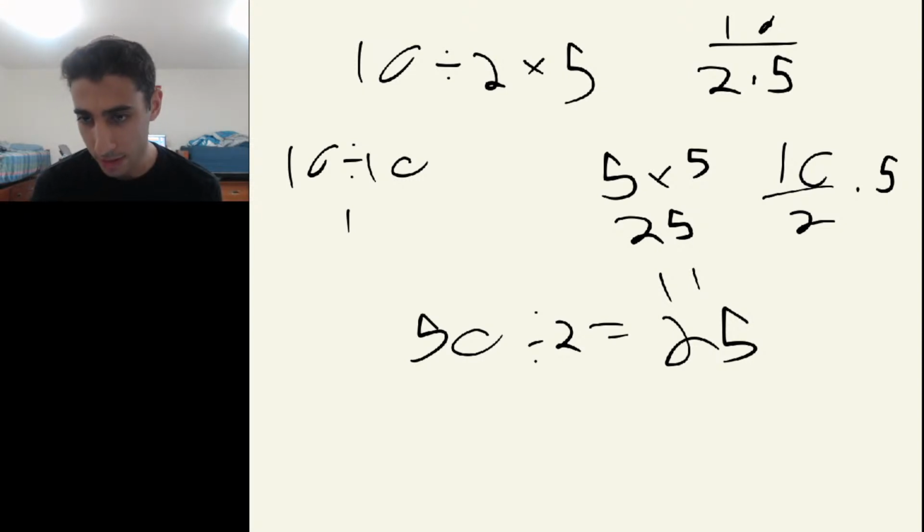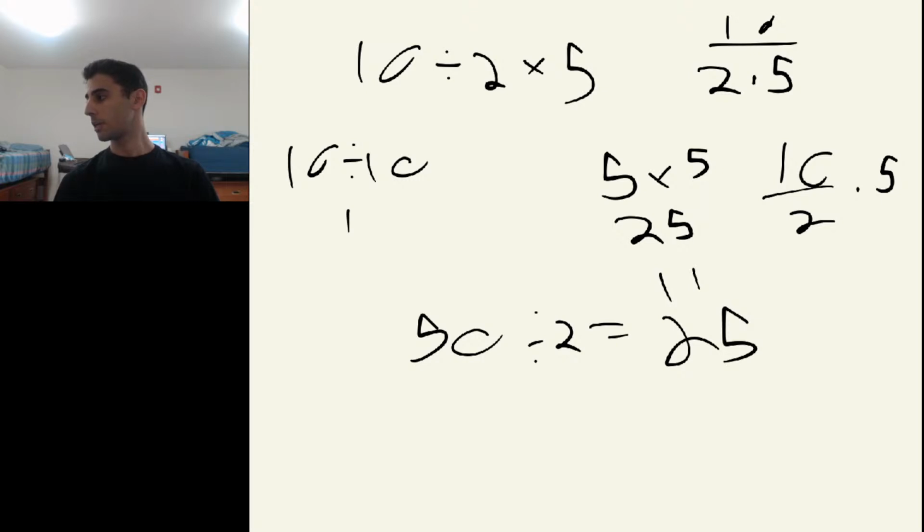Use a calculator on your phone. I don't think I have a calculator on my iPad, but the phone would probably say. What would the phone say? What's the equation? 10 divided by 2 times 5. It depends what you put it in as. 10 divided by 2 is 5, 5 times 5 is 25.